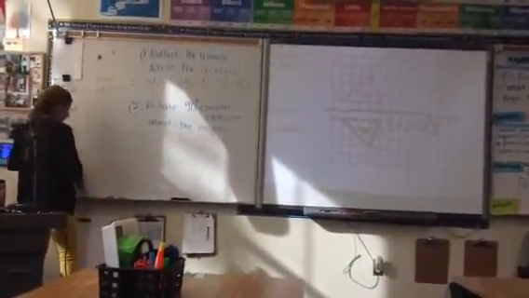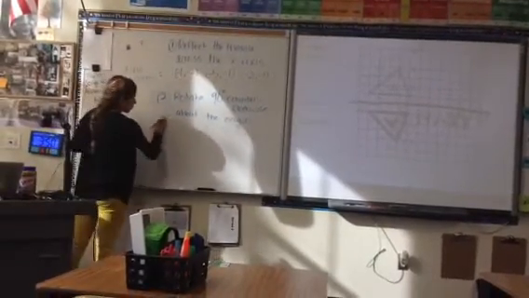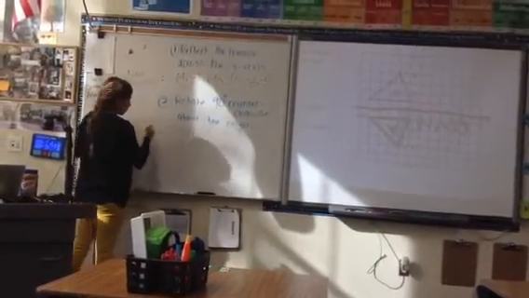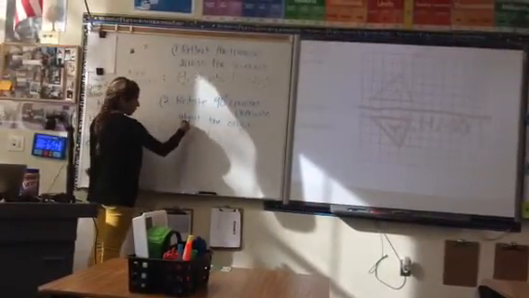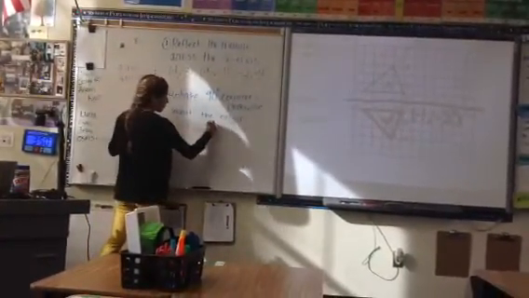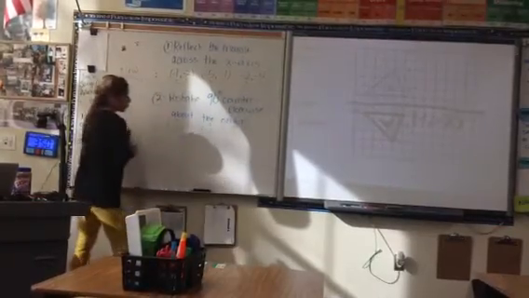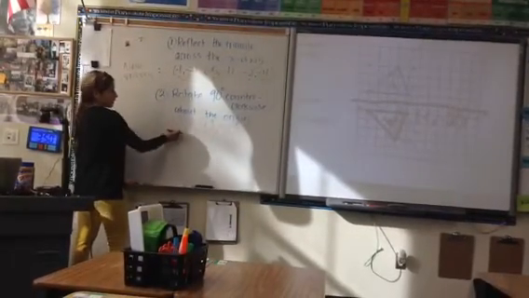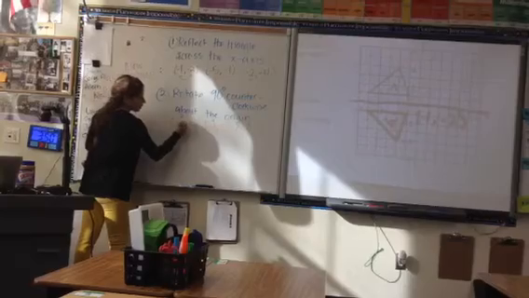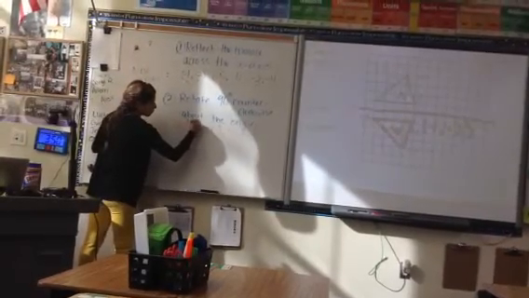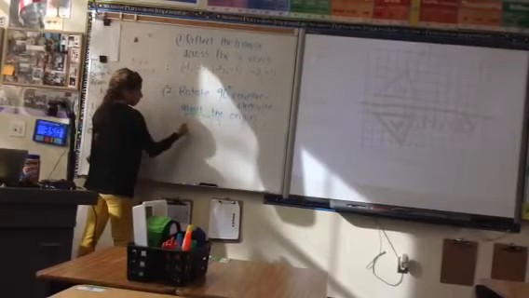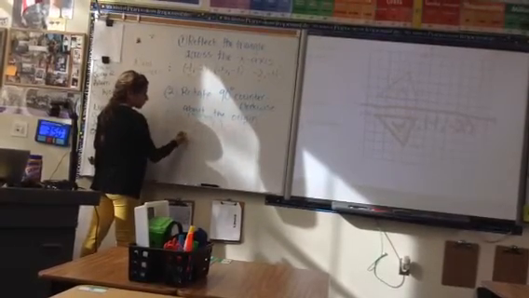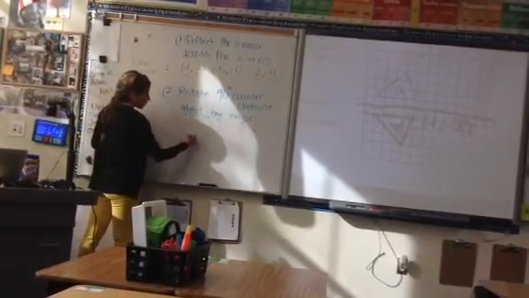Now the second step we need to do is take our x's and multiply them by -1. -2 times -1, so all of these. -2 times -1 is going to give me a +2.